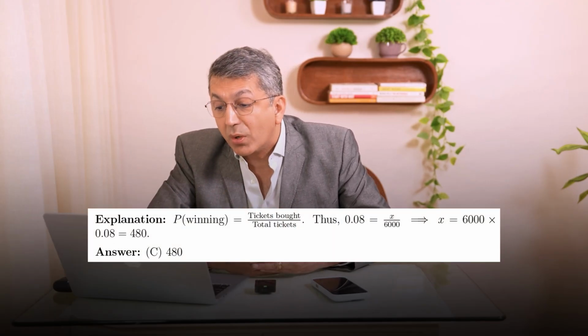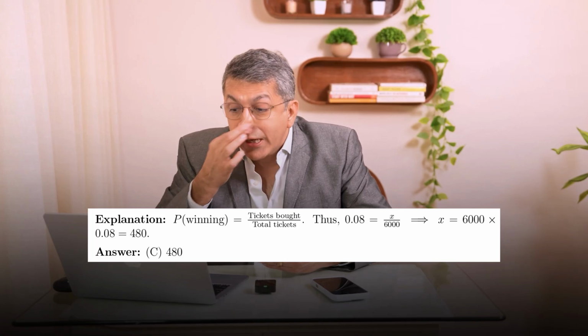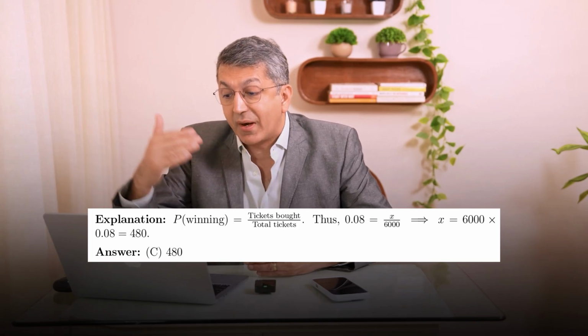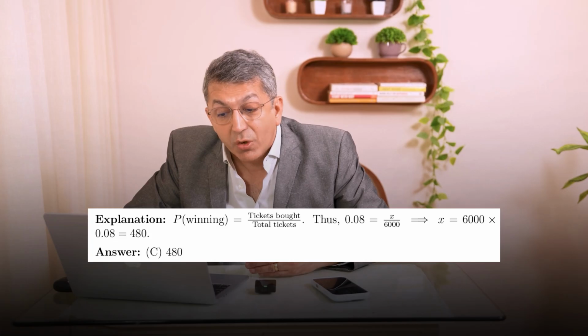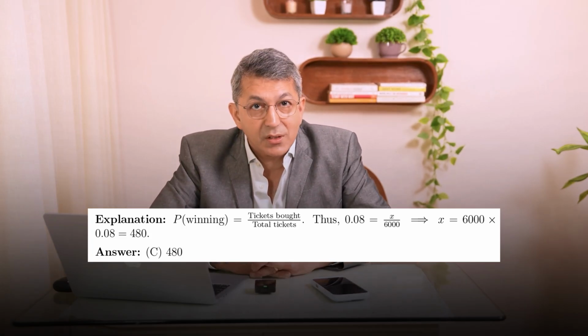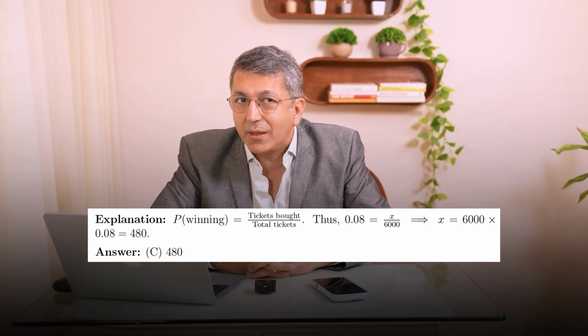Concept, definition of probability. Explanation. P(winning) is equal to tickets bought divided by total tickets. Thus, 0.08 is equal to x divided by 6,000, which gives us x is equal to 6,000 into 0.08, which is equal to 480. The answer is C, 480.